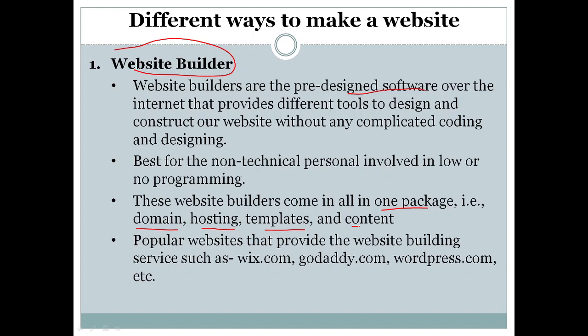If you're using any online website builder, it will help you build your website, and it also provides you with a domain name and hosting plan. Popular websites that provide website building services are Wix.com, GoDaddy.com, WordPress.com, etc. There are also some offline website builders available today which you can install on your computer and use directly without the internet.